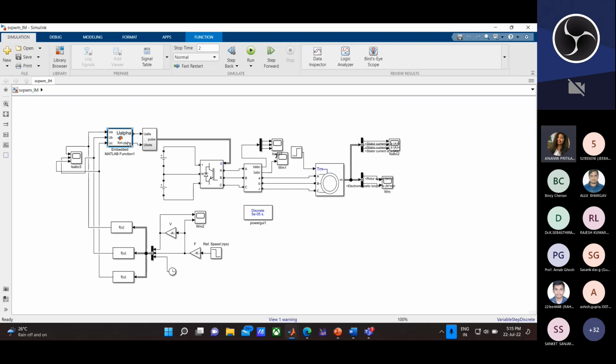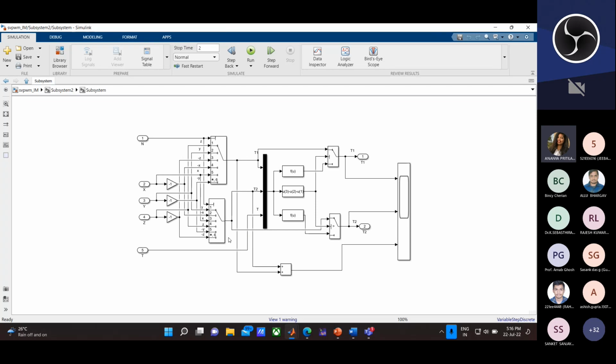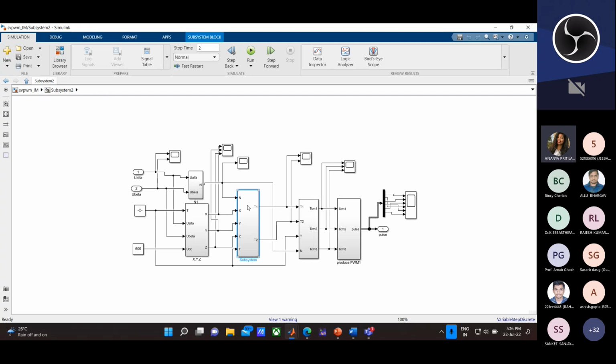Now after I have calculated alpha beta, by alpha beta I am generating pulses. Again, I go for that sector, meaning T1 and T2 timing sequence generation. After the timing sequence, I went for sector selection, and again from that sector, the pulses are generated.